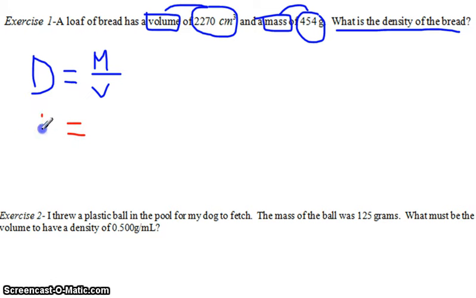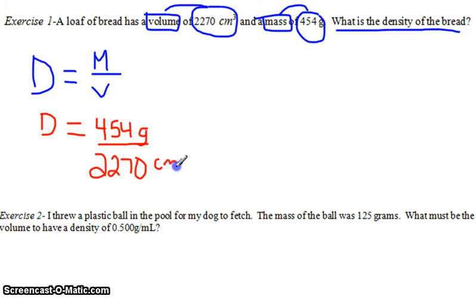So now we're just going to substitute in what we know. Density is equal to the mass, they said was 454, and that's grams, over the volume, which is 2,270 centimeters cubed.